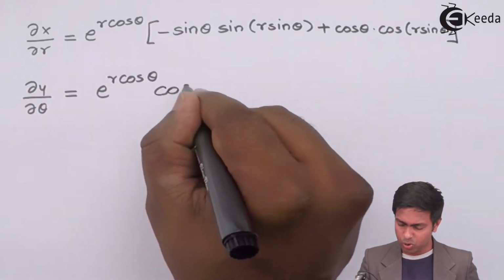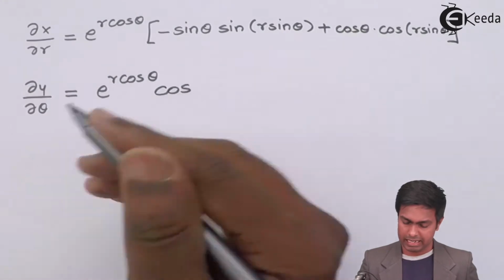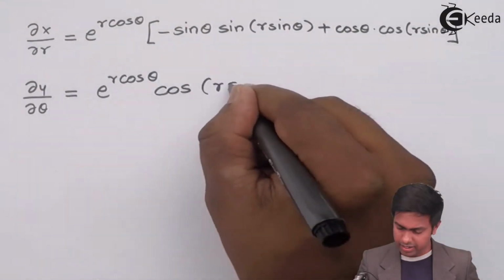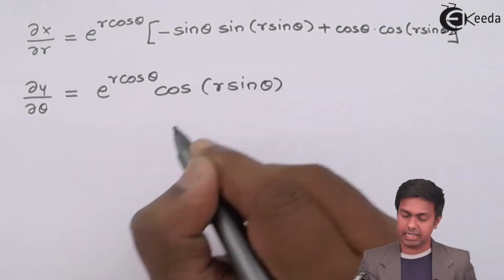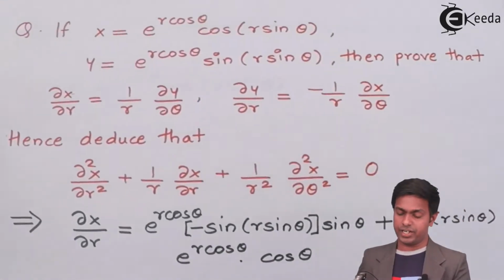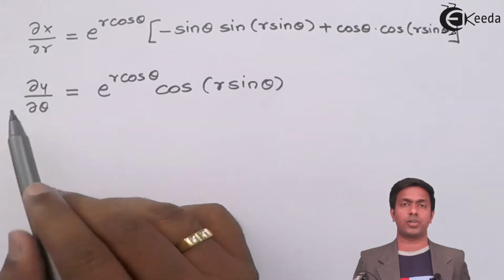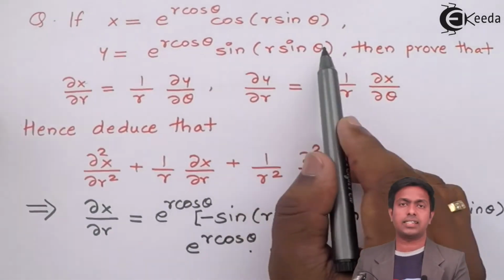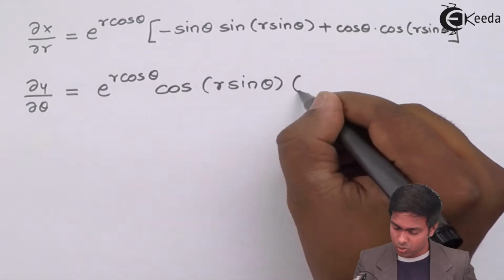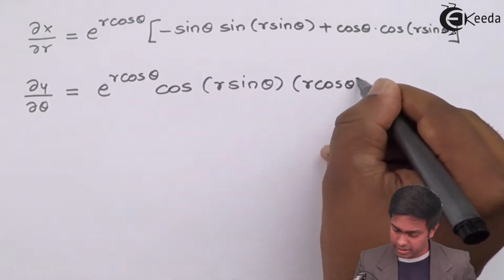So cos of r into sine theta, and again we will differentiate this r sine theta with respect to theta because we are differentiating with respect to theta. So r will remain as it is, sine theta will give us cos theta. So r cos theta is there.